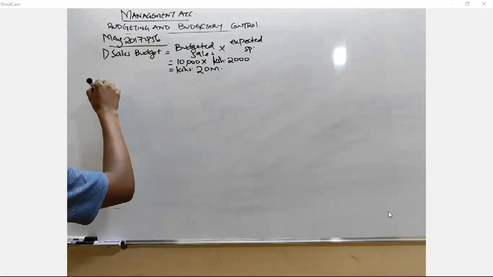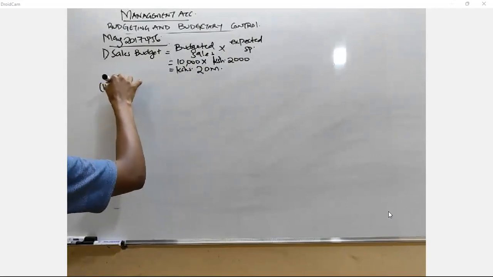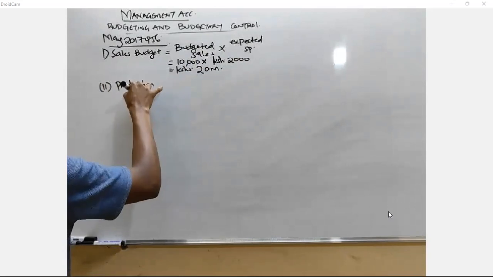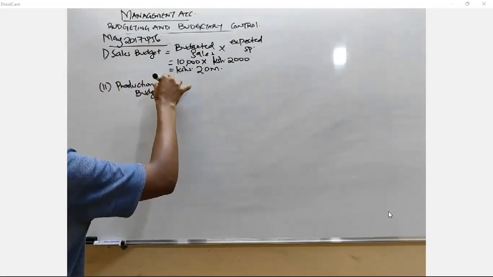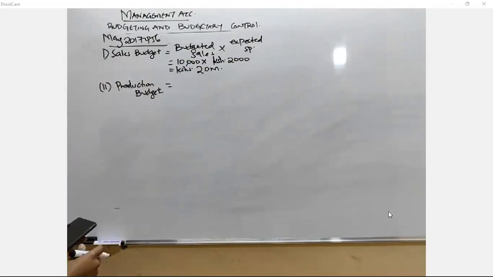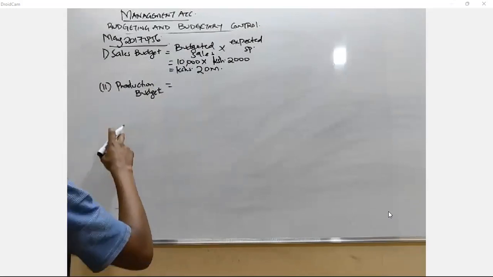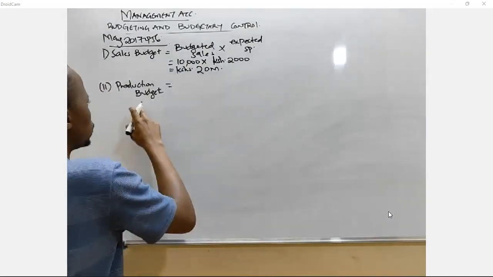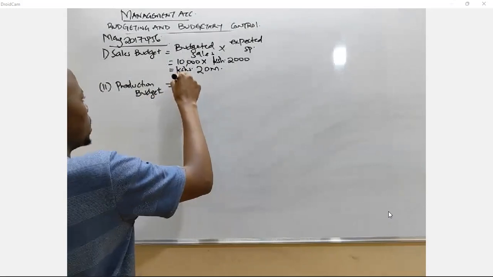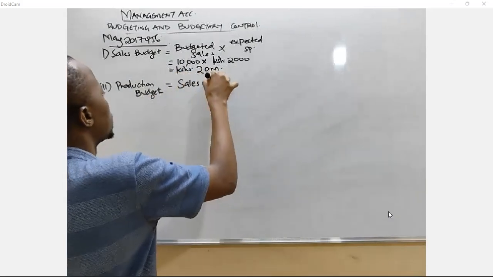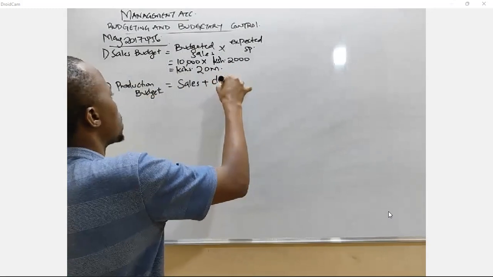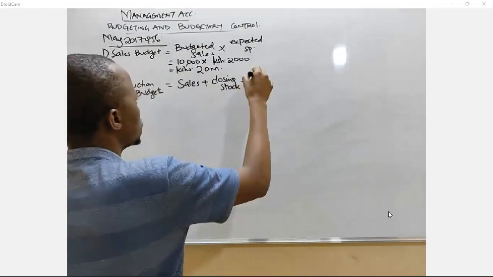Now, number two, the examiner is asking us to compute the production budget. When you think about production budgets, I know very well you know the formula to compute the cost of sales, right? Let us take, for example, purchases to production. If I want to get the number of units that we were able to produce, I take my sales, add closing stock, minus opening stock.